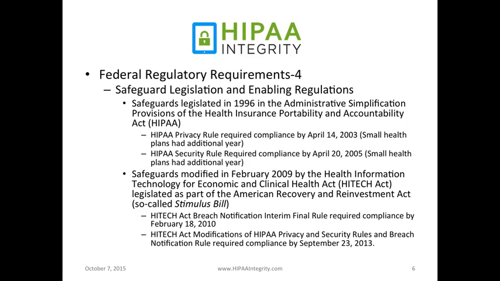It included, for the first time, specific rules on breach notification. The interim final rule was published in February of 2010, and the HITECH Act modifications of not only that rule in final form, but privacy and security rules was passed on January 25 of 2013 and required compliance by September 23rd, 2013, so just over 2 years ago.